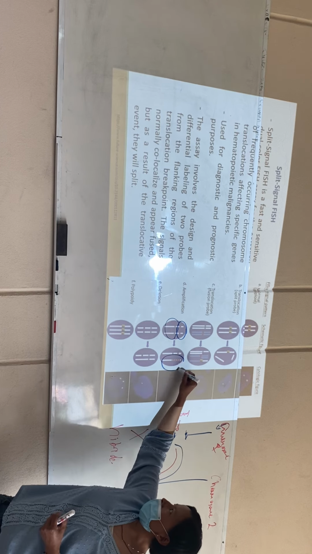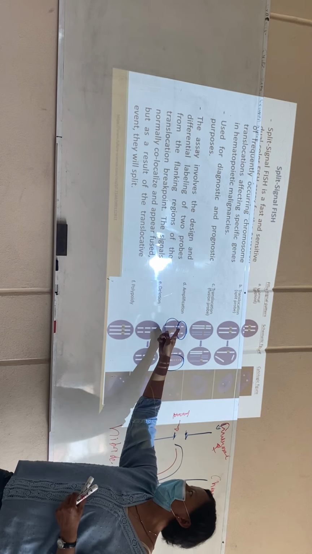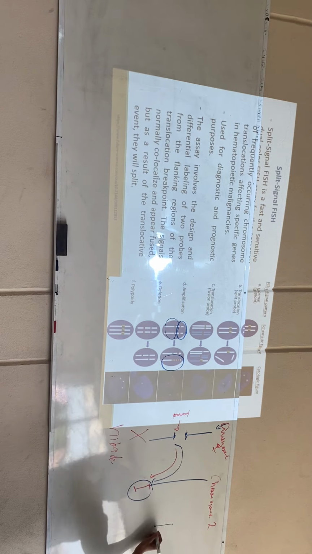This can be detected because if I do a probe directed against the red gene, here is the probe, if I have a normal one, the signal is going to come from only one probe hybridizing this gene.